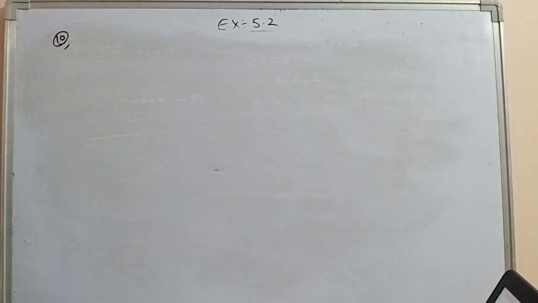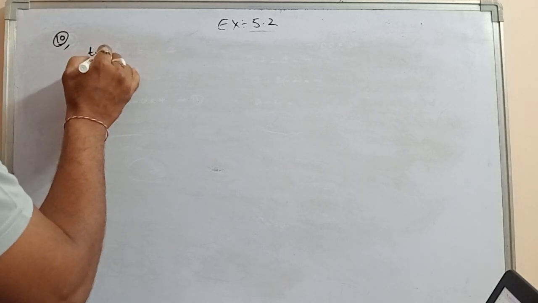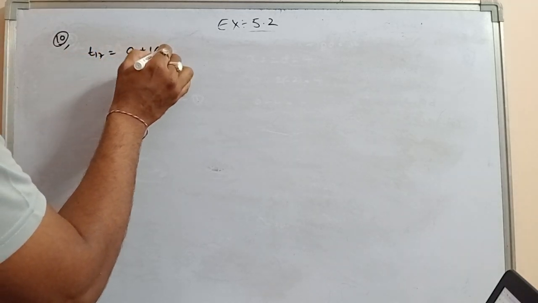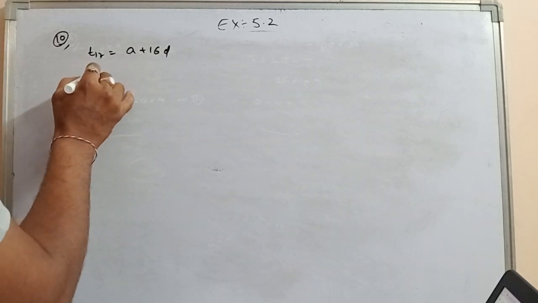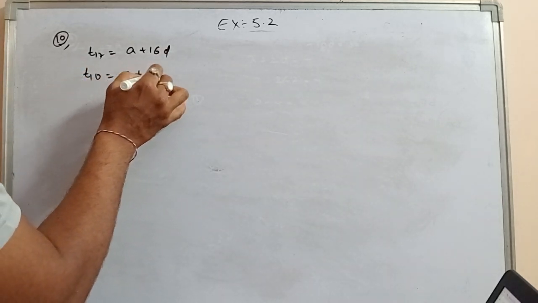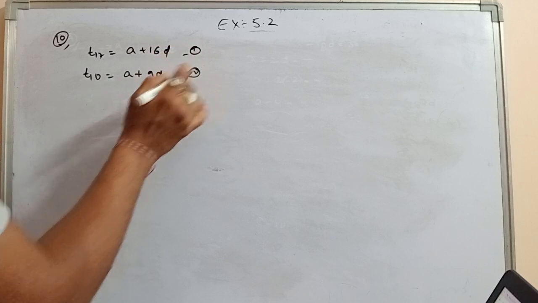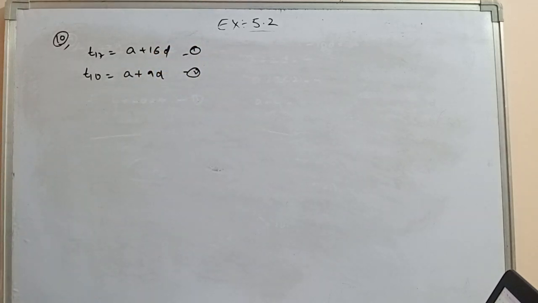So here, the 10th one, this is a basic general concept. The 17th term of an arithmetic progression, T17, is a plus 16d, right? And the 10th term, T10, is equals to a plus 9d, right? So this is the first equation, and this is the second equation.